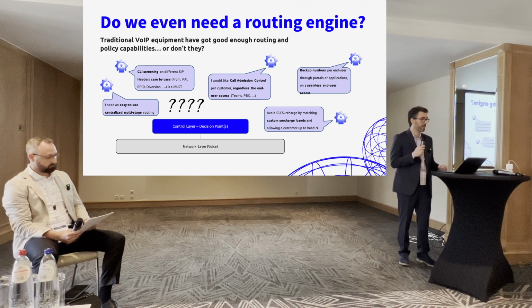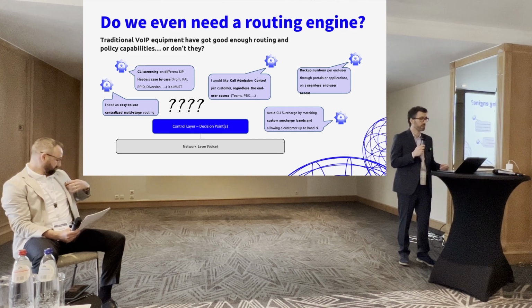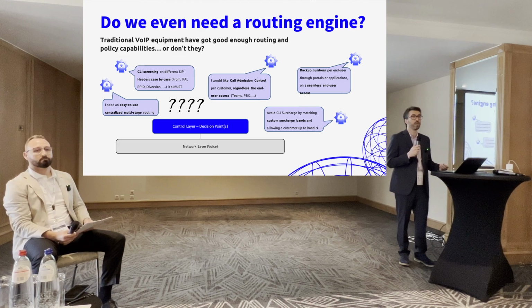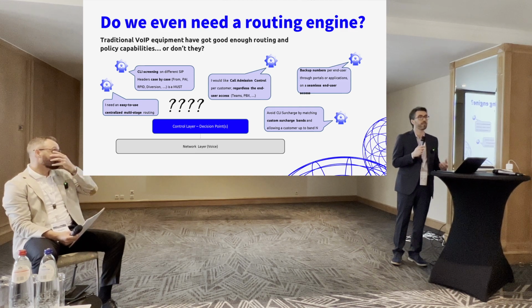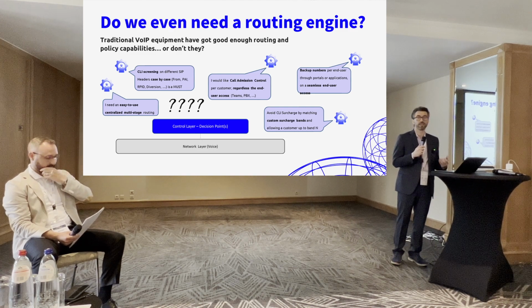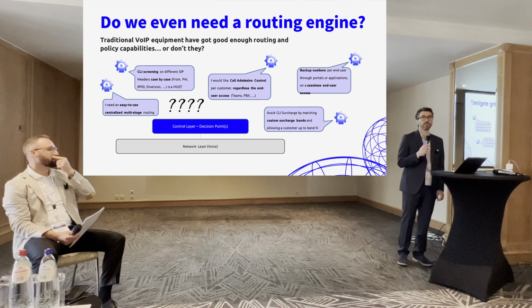Or another example I can give you is the concept of backup numbers. Those are numbers that would be called whenever a user is not reachable on their business number, right? It's kind of hard to map that into traditional equipment when you want to do it in a seamless way, regardless of the end user's type of access, so Teams or PBXs.